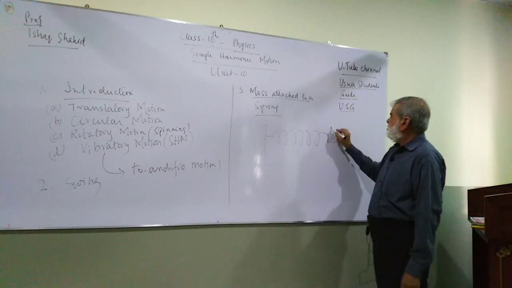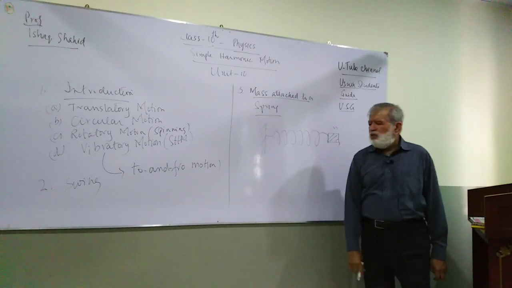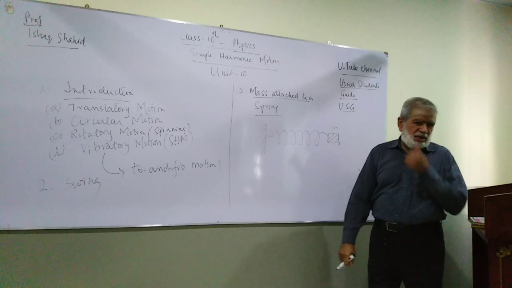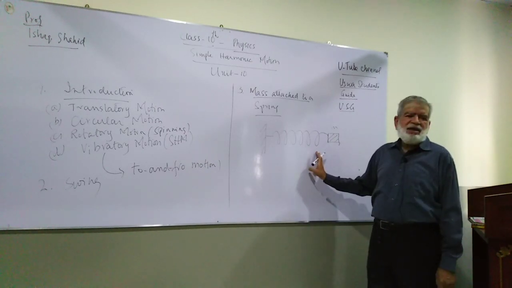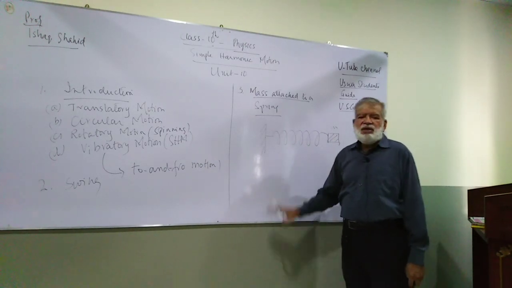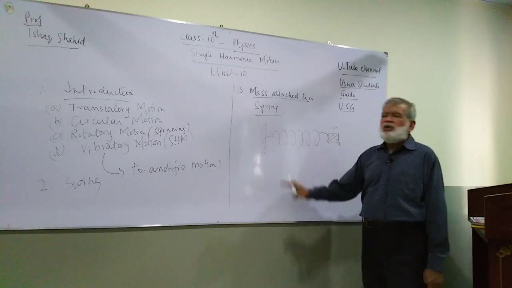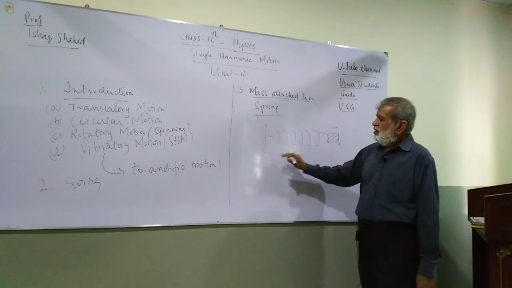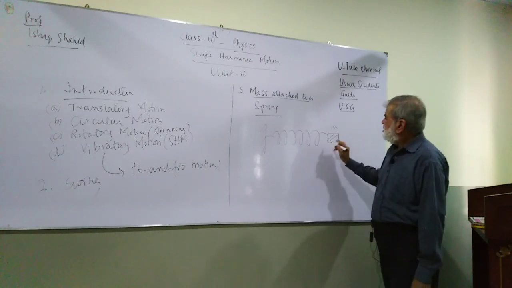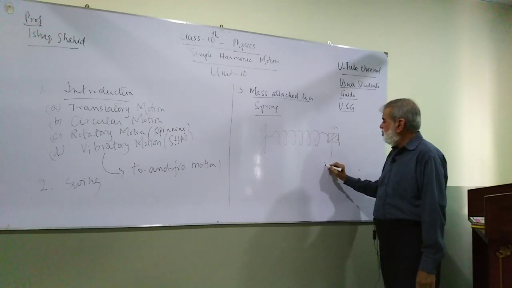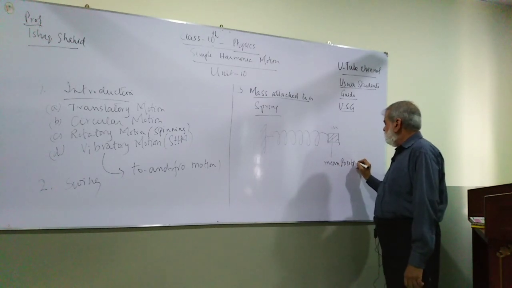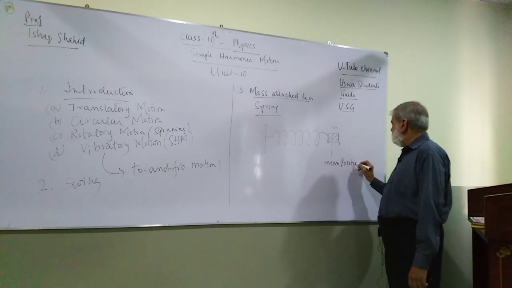This is a body of mass M attached to a spring. Again I repeat, we are going to consider the motion of a mass attached to a spring. This is the spring, and this is the main position of the spring, or the equilibrium position.